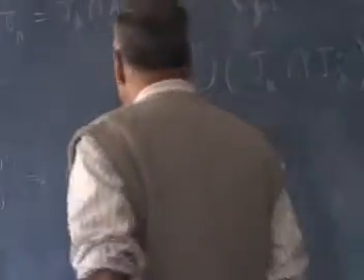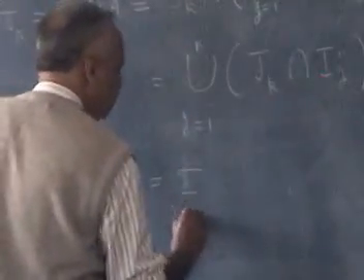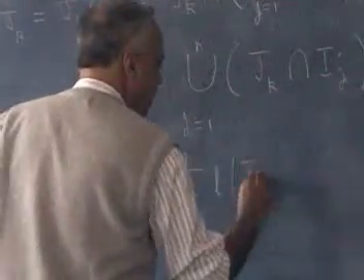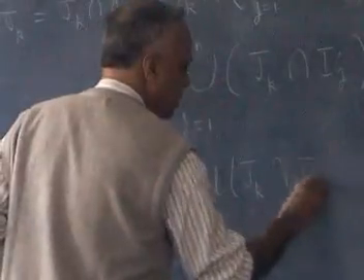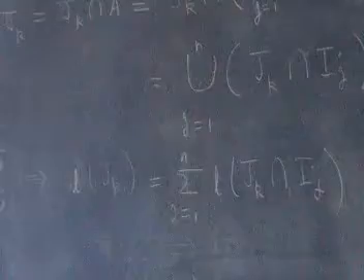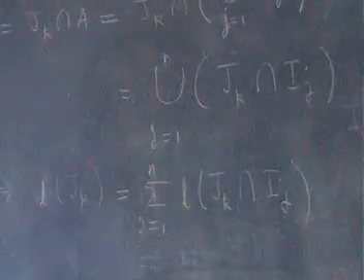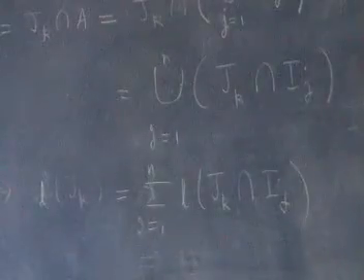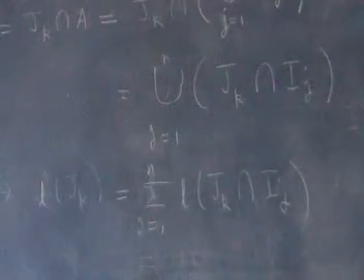So L of Jk will be the sum over j of L of Jk intersection Ij, because length is finitely additive. Please just put, all are intervals. That's why everything should be brought down to the base level.